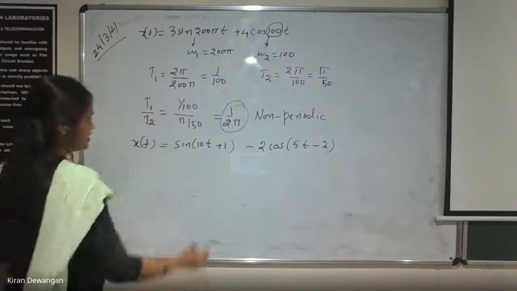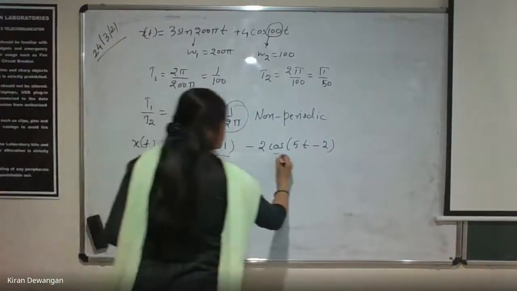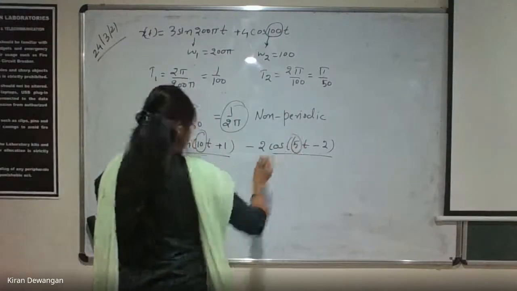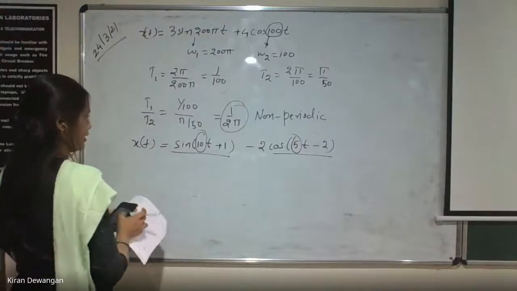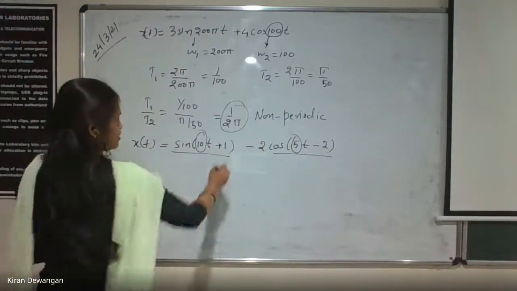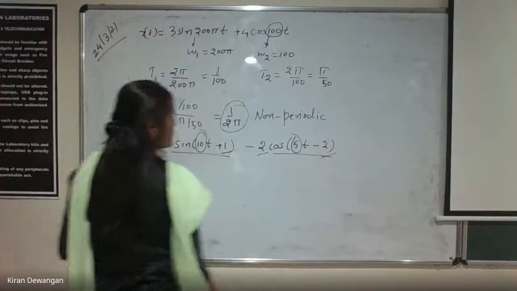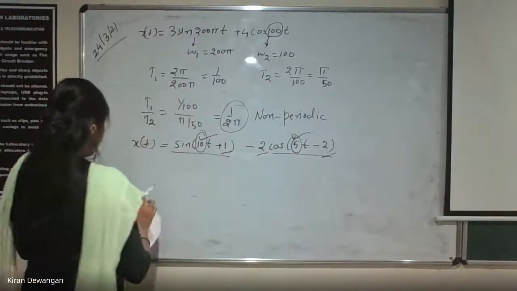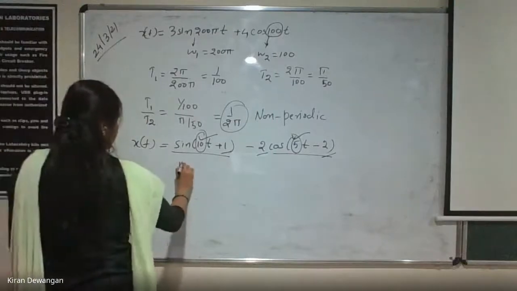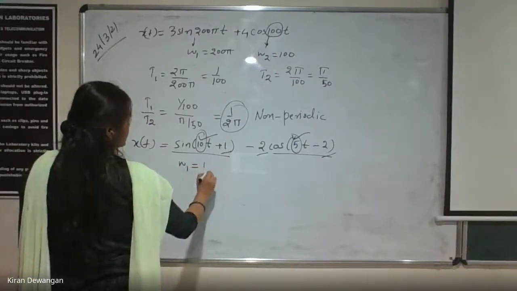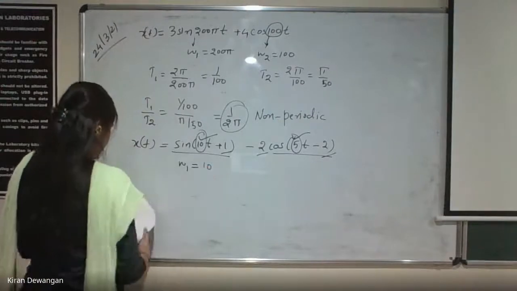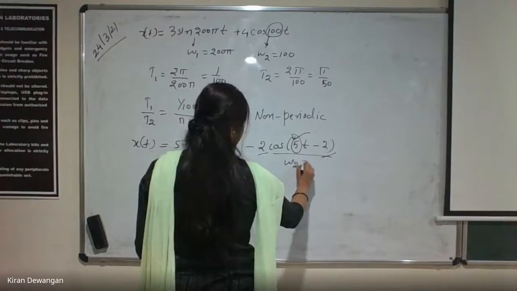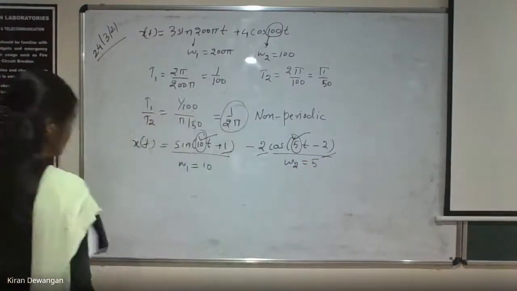Now if it is given in this form, then also we know that this is the value of omega. Just this is your value of omega. The rest we don't have to worry about, we don't have to worry about these values. We just have to concentrate on the value of omega. So for this one, omega 1 is just 10, and for here omega 2 is 5.